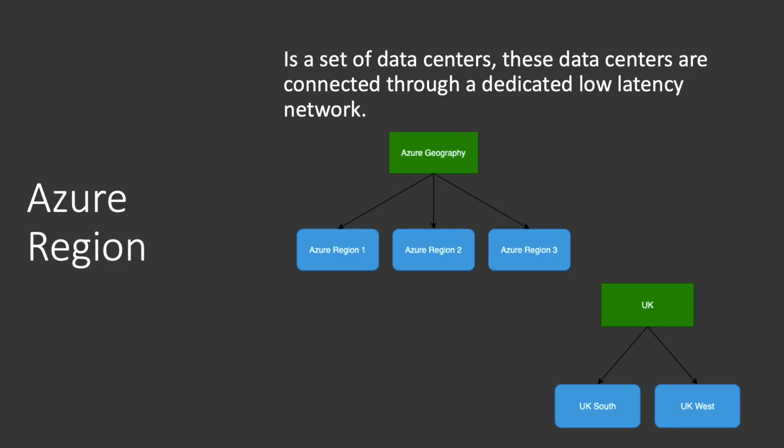The UK, for example, is considered an Azure geography, and inside the UK we have two regions: the UK West region and the UK South region. Every one of them contains one or multiple data centers. For example, in the UK South we can have 3 data centers, and in the UK West we can have 4 data centers. These all fall under the same geography, which is the UK.